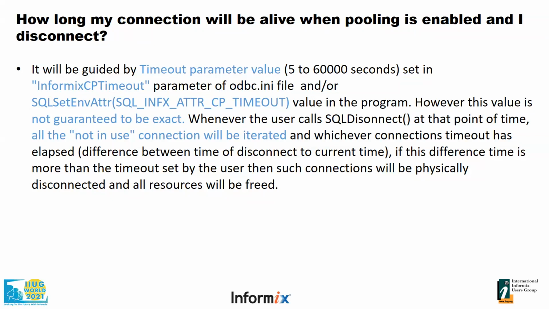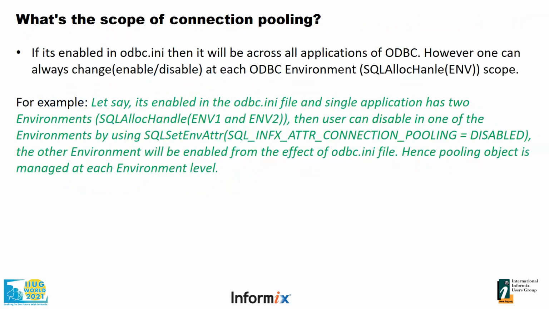Next, we talk about the scope of connection pooling. If you have enabled connection pooling in the ODBC INI file, it will be applicable to all the applications using ODBC. Whether it is enabled or disabled is decided by the odbc.ini file, and that applies to all ODBC applications.